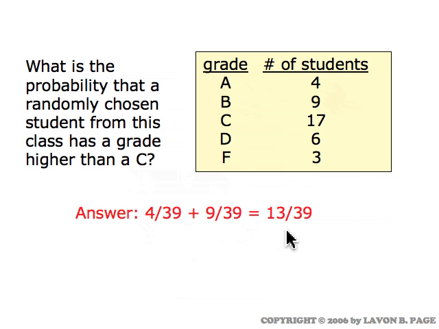Add those two probabilities and you have 13 over 39. Or another way of thinking of it, we're talking about 13 of the 39 students. Probability 13 over 39, since all the students are considered equally likely. This word random, or the phrase randomly chosen, is a clue word which says, in effect, treat the outcomes as equally likely.